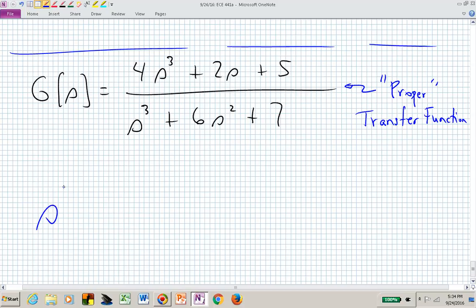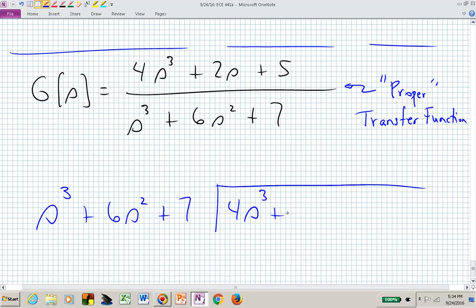So if we go back to our high school algebra class and do long division, we now have 4s cubed. We're missing an s squared, so I'll just leave space for that, plus 2s plus 5. That's our numerator. And now we can perform the long division.